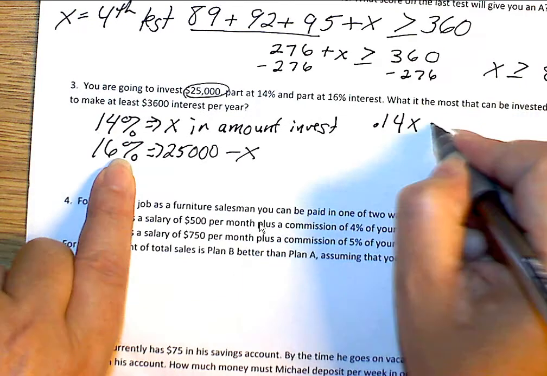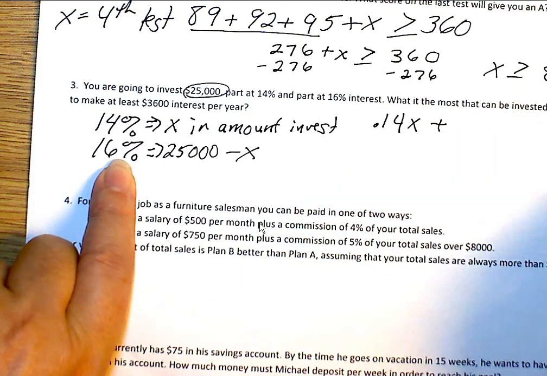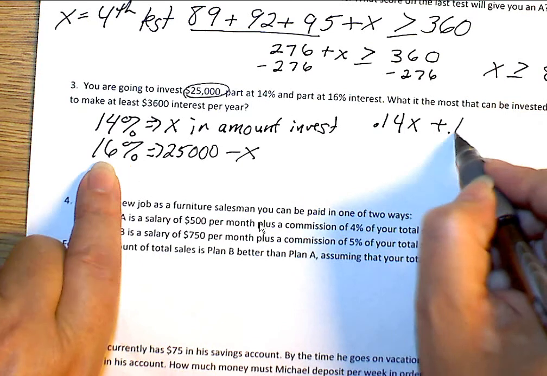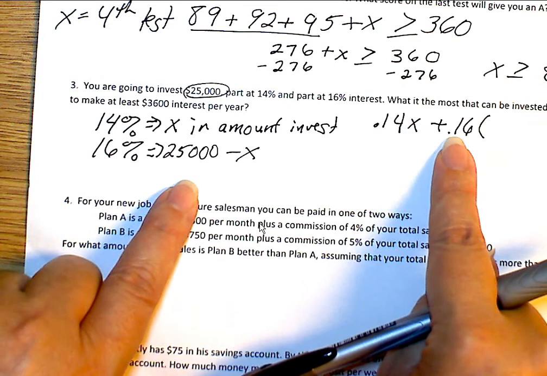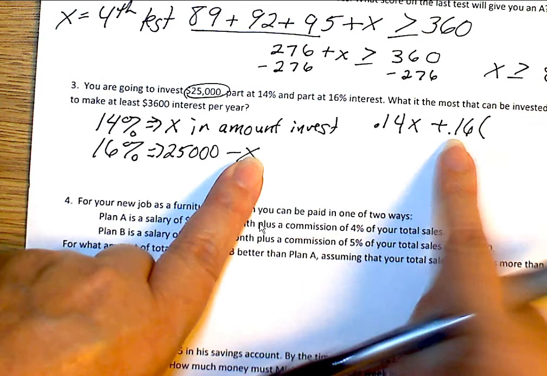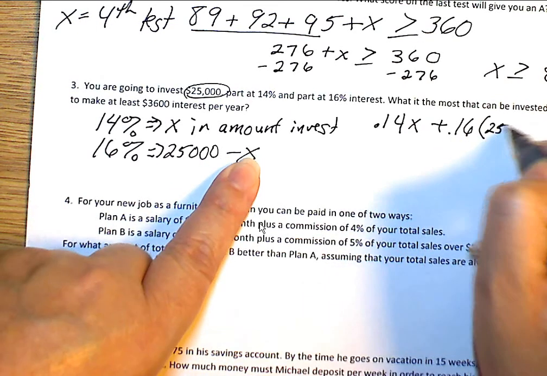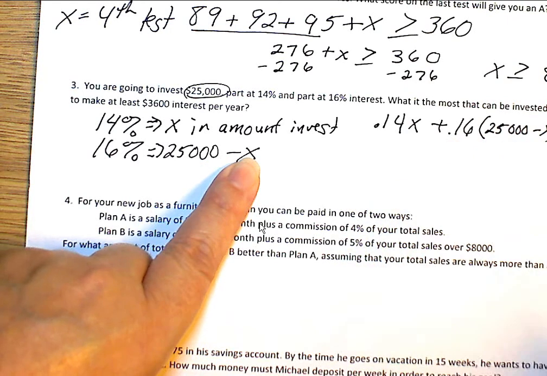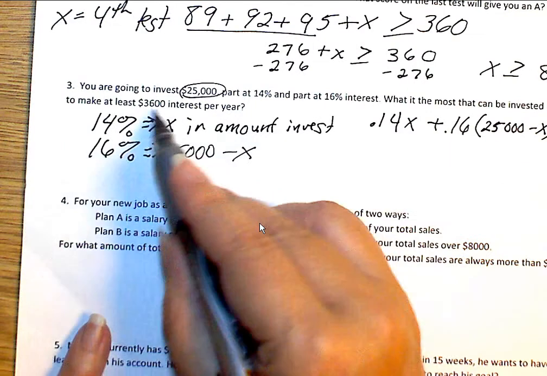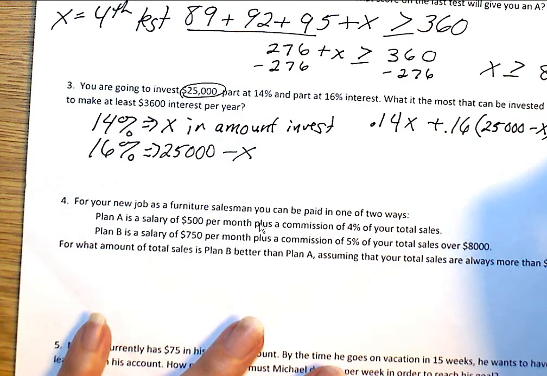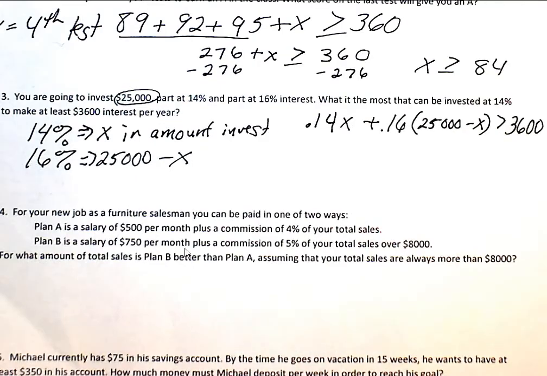Plus 0.16 times how much money are we putting for 16%? 25,000 minus X. And now how much do we want to make? It says that we want to at least make 3,600.